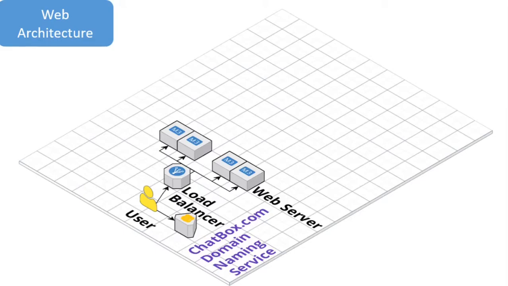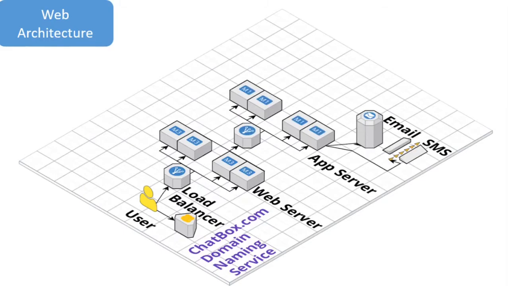For backend-related APIs, we added an application server as another machine. This server machine is a little different from the web server machine, as these servers will have our business logic component, which can trigger notifications like email or SMS, because in our application users might need email confirmation and SMS on their mobiles.